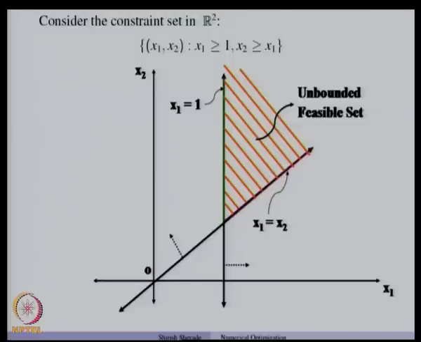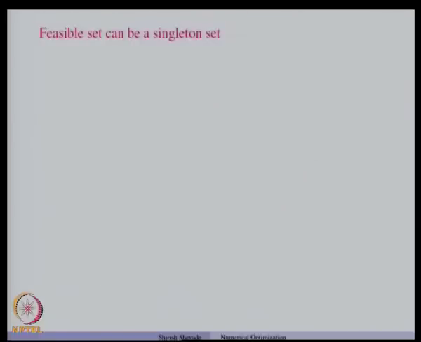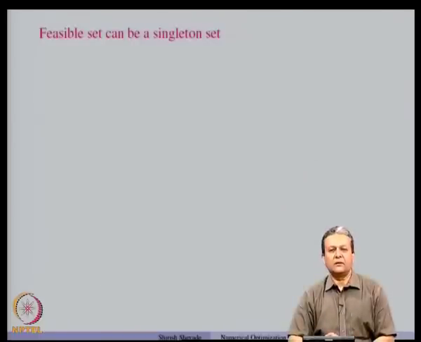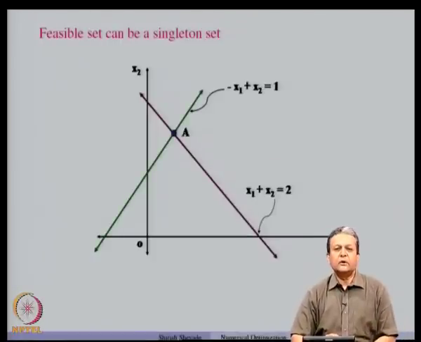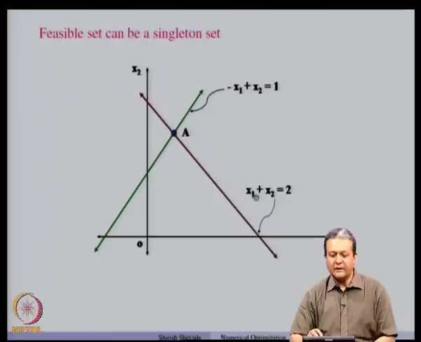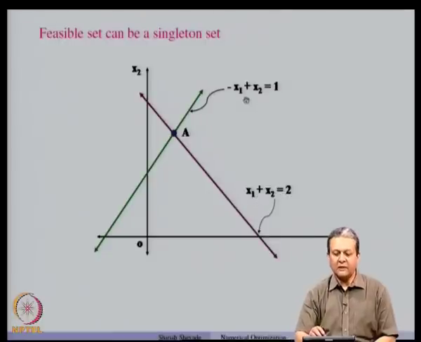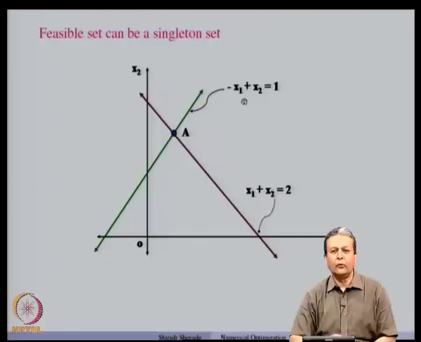Now, there could be situations where the feasible set can be a singleton set. For example, suppose the feasible set is an intersection of two affine sets, and the two affine sets in this case are x1 plus x2 equal to 2 and minus x1 plus x2 equal to 1.